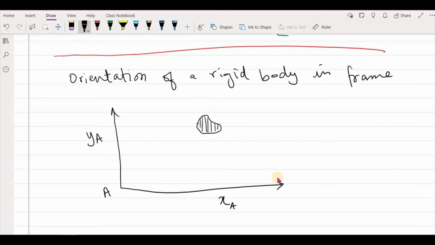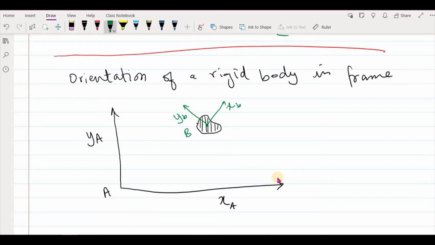So one method is to define a body-fixed frame, where we can say this is a body-fixed frame here, and let's name this frame as frame B. It is XB and YB.